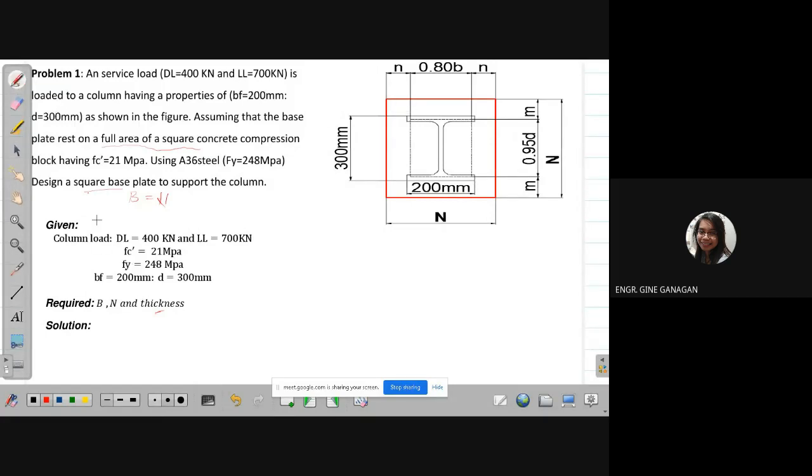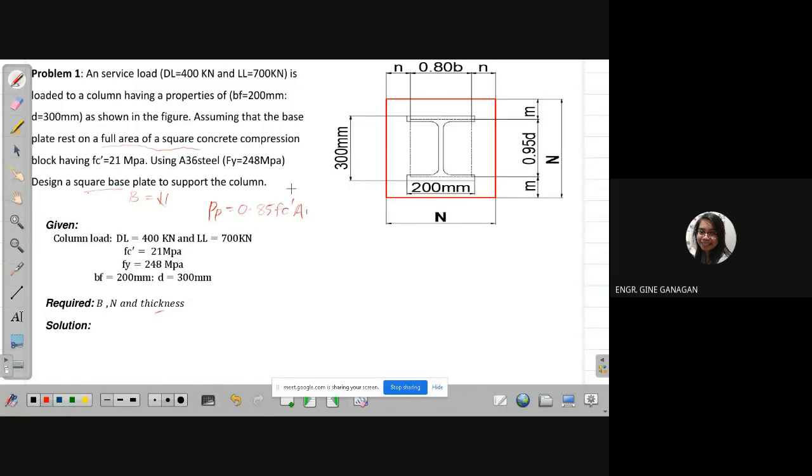Okay. So ano yung unang kukunin natin for our solution, for us to solve for our dimension ating square base plate? So pag full area, di ba, yung past slide natin, our equation for our nominal strength is equal to 0.85 FC prime A1.